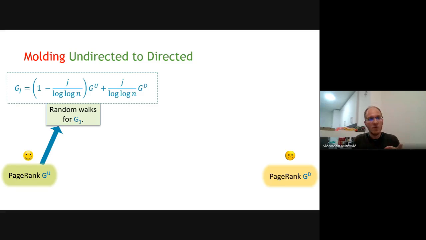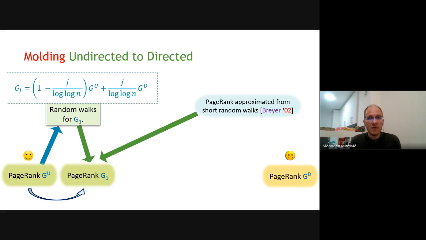We'll transfer these random walks from G_0 to G_1. By using the result from the previous slide, that PageRank can be approximated by many short random walks, we will be able to approximate PageRank for G_1. Now we will do the same thing again.